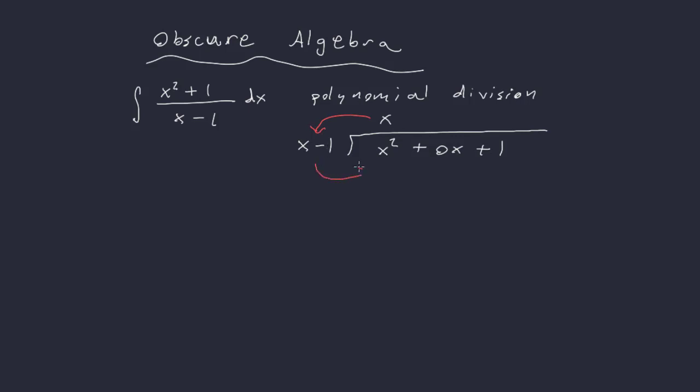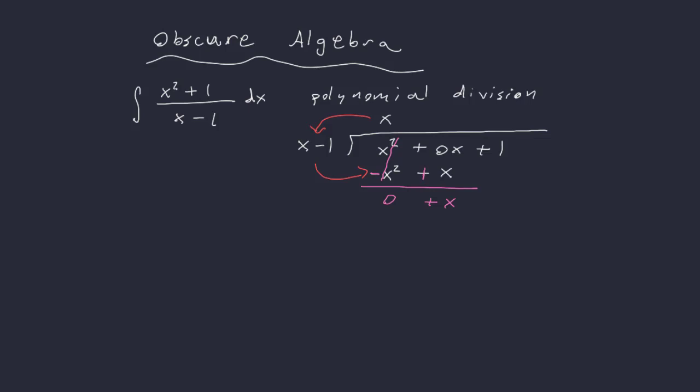So we multiply this by x, and we get x squared minus x. What we want to do is actually subtract this piece, so I'm going to change these signs so that these cancel. I want a 0 here, and then we just deal with what we get here. That 0x plus x gives me a plus x down here.